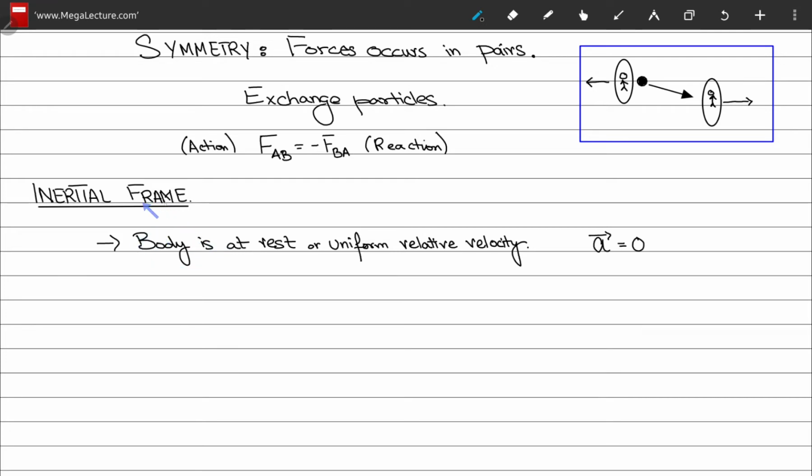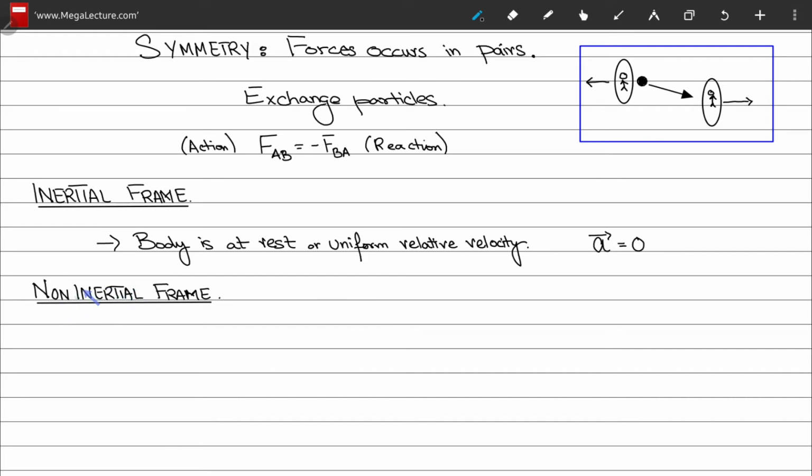An inertial frame of reference is one in which your system or a mass is at rest relative to other objects, or moving with uniform relative velocity. So the acceleration for such a frame is equal to 0, and the law of inertia is true in an inertial frame of reference.